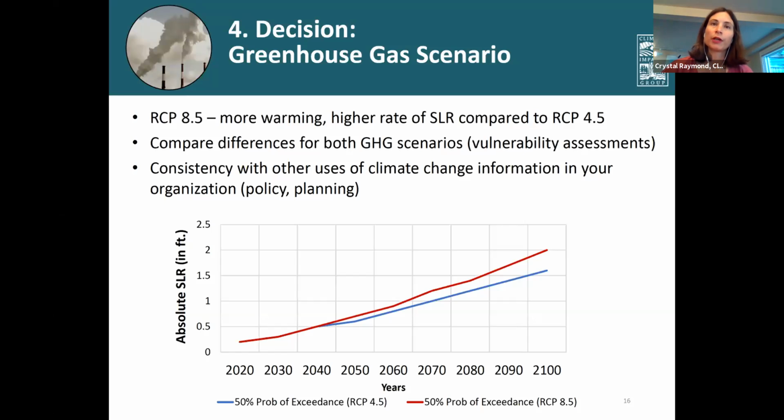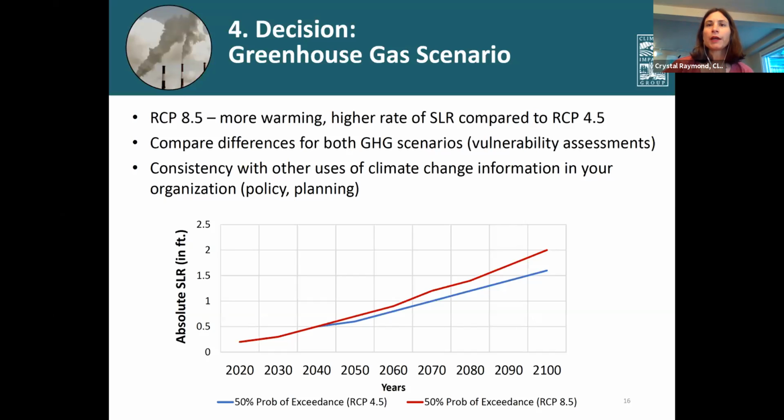Another important consideration, particularly in policy and planning, is consistency with climate change information that may be used throughout your organization elsewhere. These greenhouse gas scenarios are not only used in a sea level rise context, they're used for other climate change projections that may relate to terrestrial systems or water resources. And so one of the things you may want to consider there is consistency throughout your organization as to what other greenhouse gas scenarios are used.